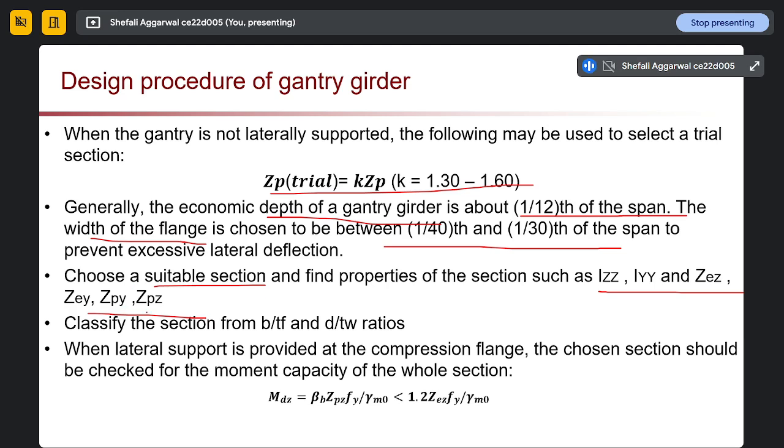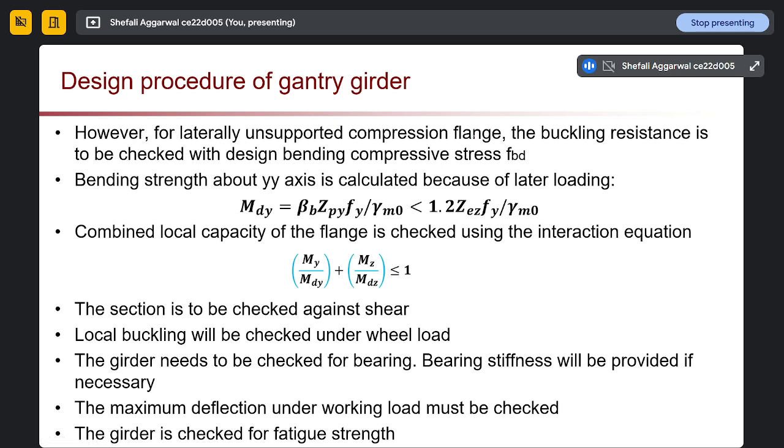So based on our d upon tf and d upon tw ratio, we will classify our section as plastic, compact or semi-compact. After this, we will check our section for moment capacity. This will be the formula for the check for moment capacity. After checking the moment capacity, we will check it for the local capacity. This is the formula for the local capacity.